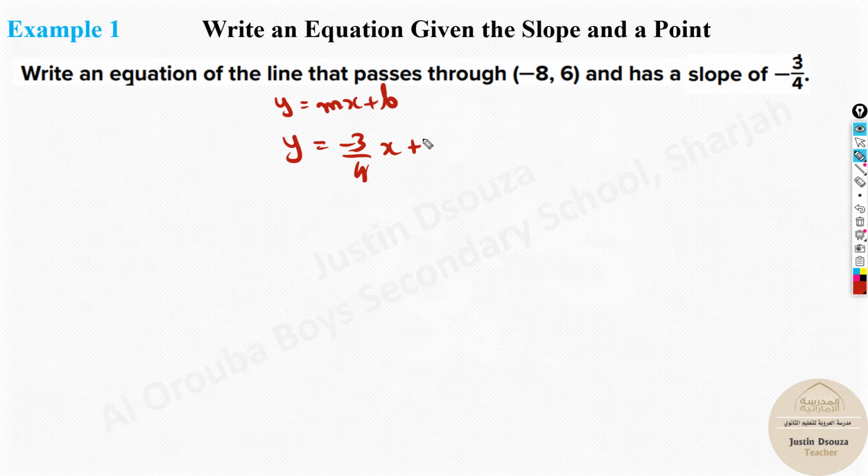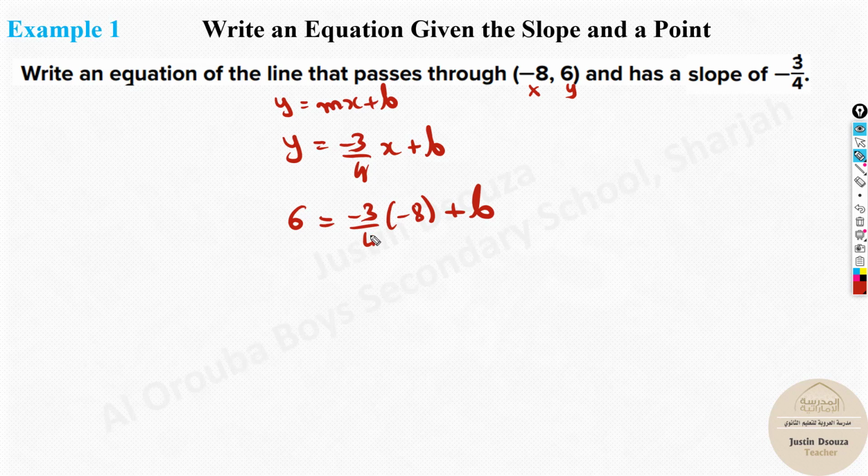But we don't have the value of b. How do we find this? Because we know this particular line passes through this point, we will consider this to be x and y, and substitute. Instead of y put 6 equals minus 3/4 times x value minus 8, plus b.